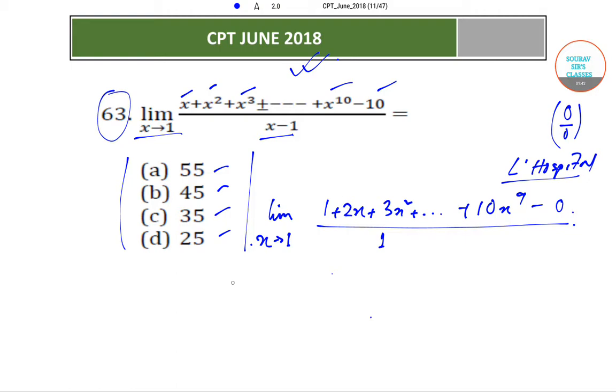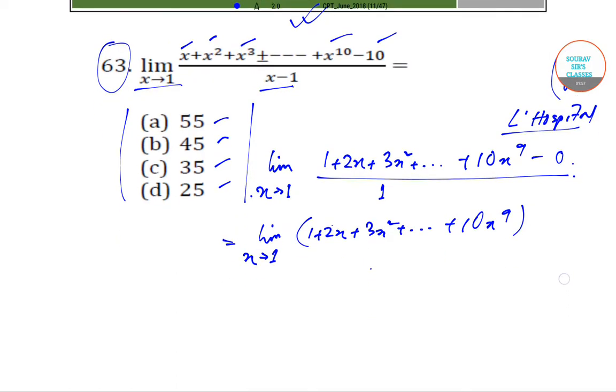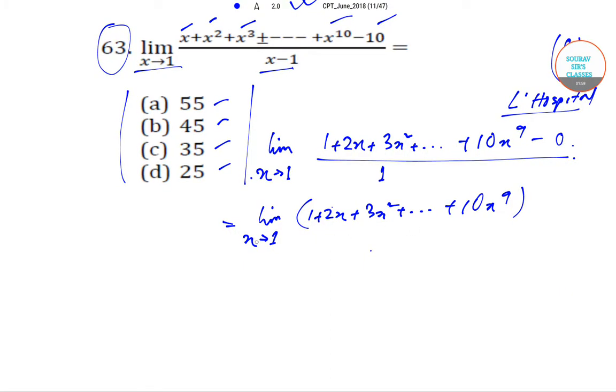This will give us the limit as x tends to 1 of 1 + 2x + 3x² and so on up to 10x⁹. If we now put x equal to 1, then we have 1 + 2 + 3, and this goes on up to 10.